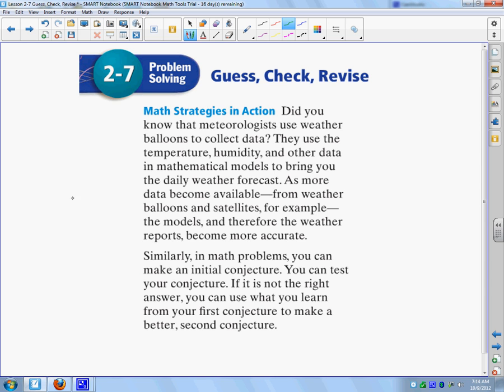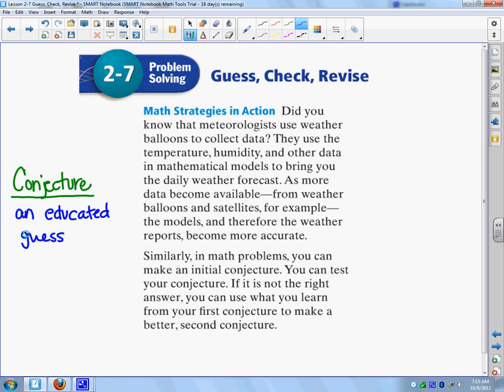So let's write down what the meaning of conjecture is. If you see that word, write this down in your notes. Conjecture, C-O-N-J-E-C-T-U-R-E. So this really means an educated guess, which means you're making a guess.